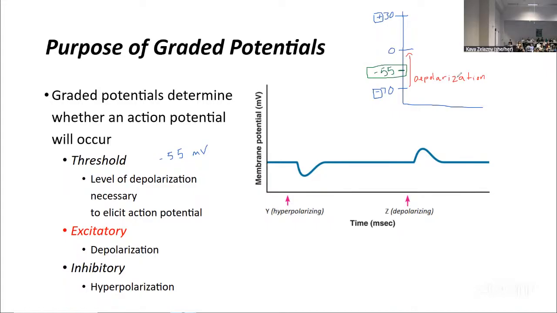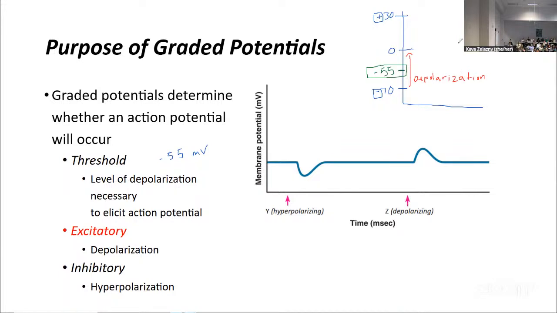We'll refer to depolarizations like this as excitatory. The reason for this is the cell is getting excited if we're depolarizing. We're getting ready to do something. If we depolarize to the threshold, we get to fire off our action potential. We get to send this electric signal down the axon. We get to send out our neurotransmitter. That's exciting. So an excitatory graded potential would depolarize our cell a little bit.